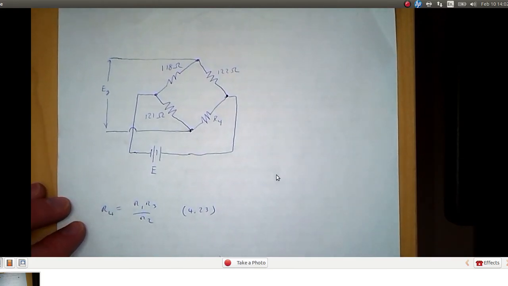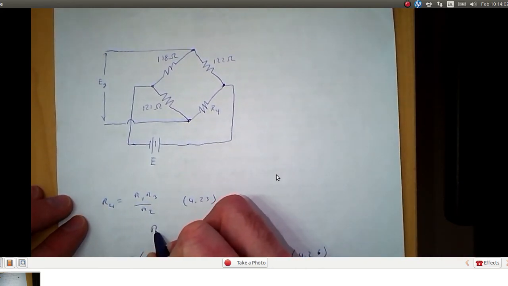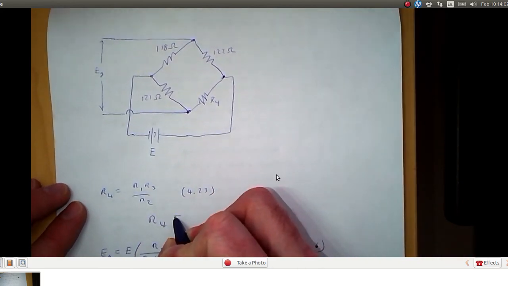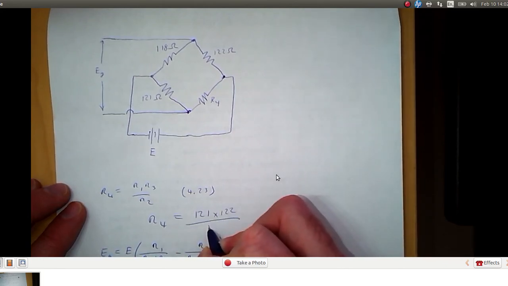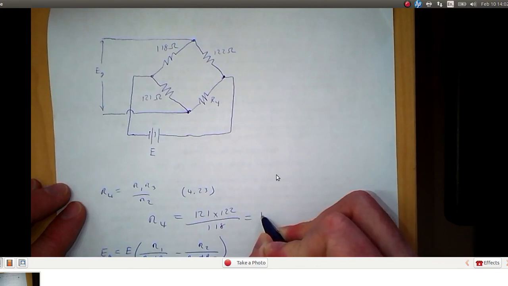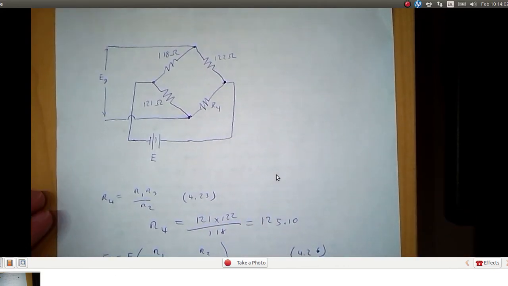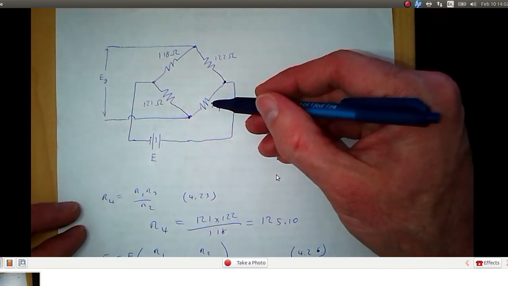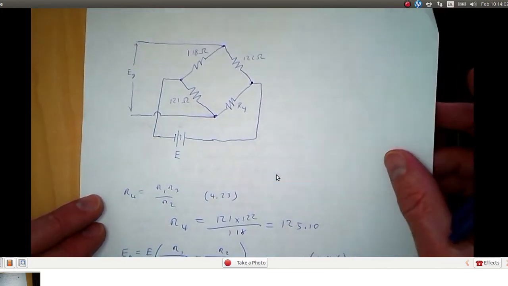And so let's just plug in these values for R1 through R3 in order to come up with R4. So R4 is equal to 121 times 122 divided by 118. If we had 125 ohms at R4, then EG would be 0.